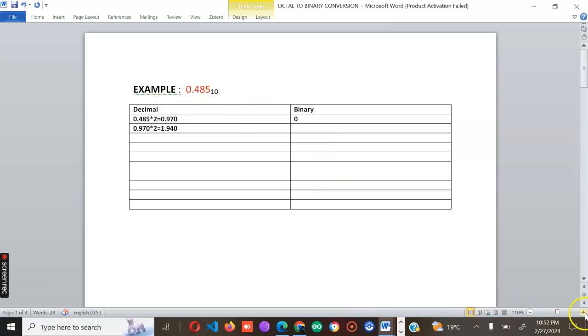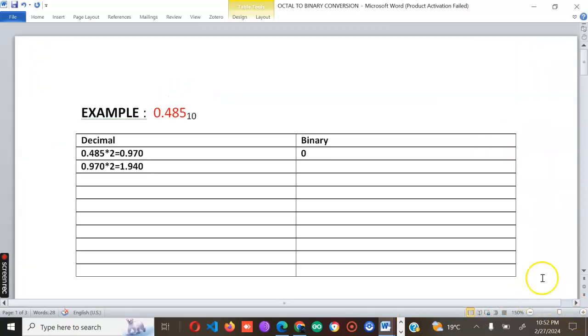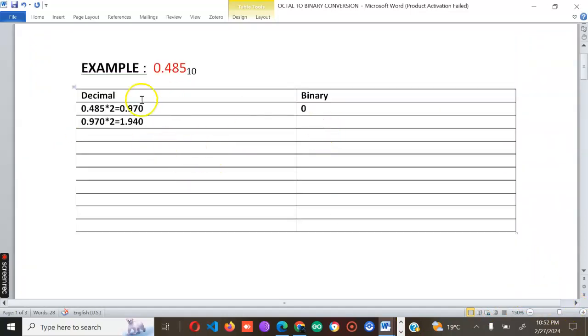The integral part is 1, therefore you write down the 1. Then take 0.940 and multiply by 2 to get 1.880. Pick the integral part, which is 1, and write down the 1 as your binary.